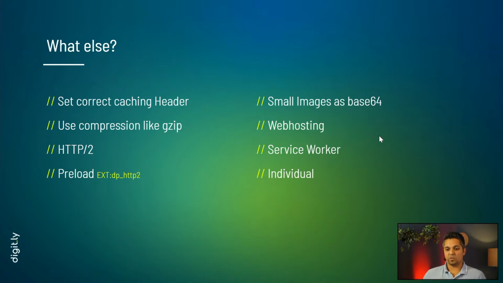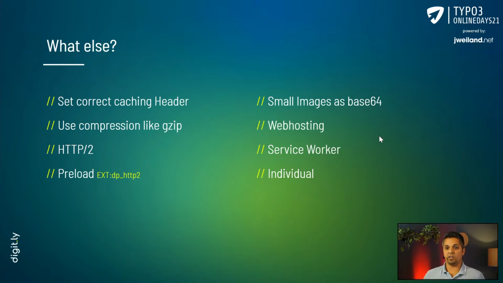You can serve small images with base64, for example, with a view helper, but I recommend only using images smaller than 10 kilobytes. And of course, you can pimp up your web hosting to handle the load. And in contrast to a normal web browser, a service worker can serve offline cache.